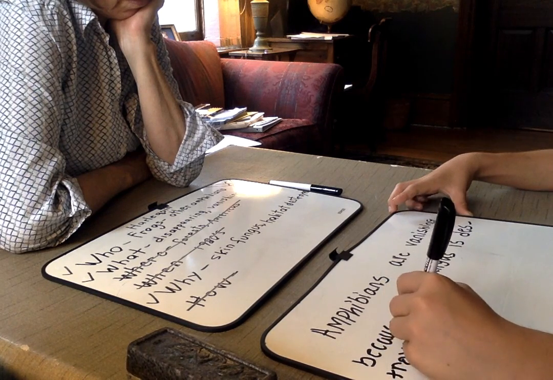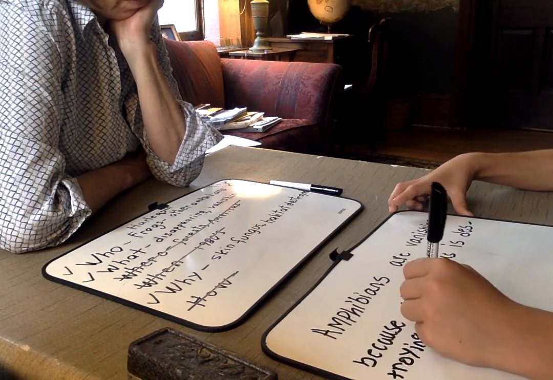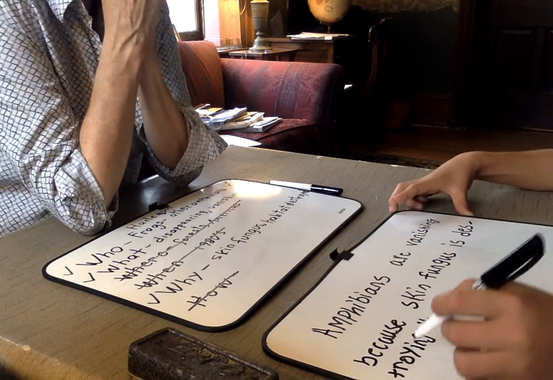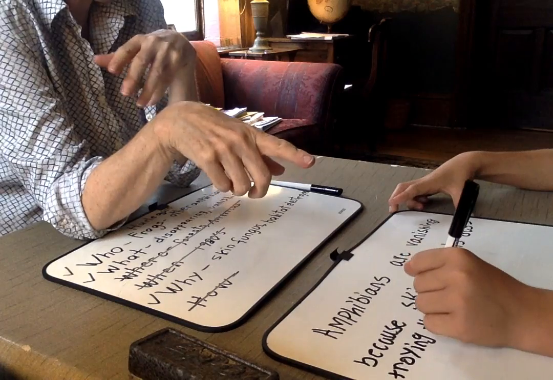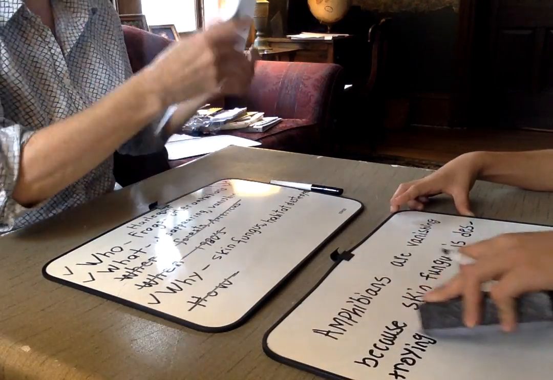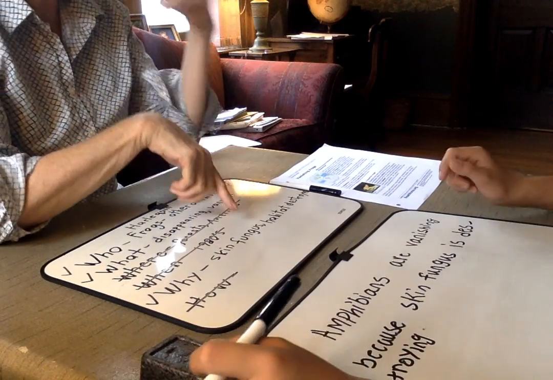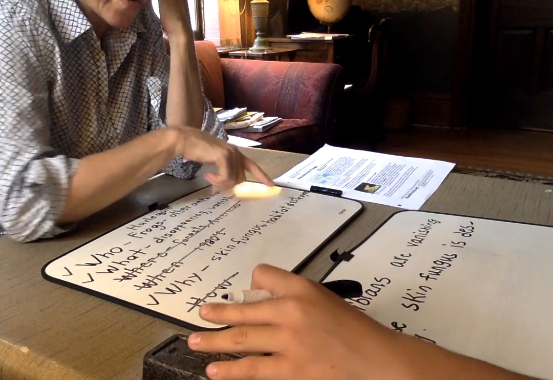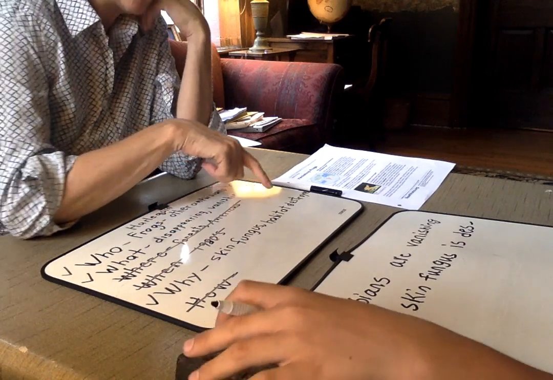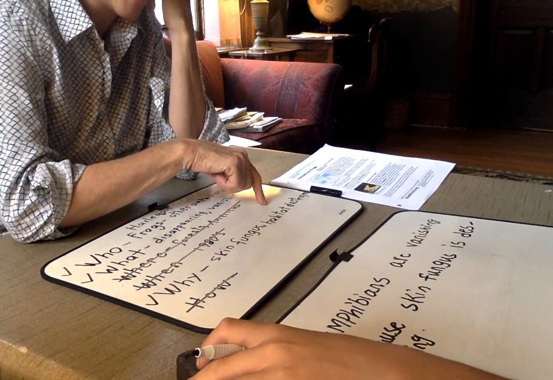Destroying their. I'm going to stop you right there anyway. Did what we read say that skin fungus destroyed the habitat, or is skin fungus making them die from disease and the destruction of the habitat making them move away?